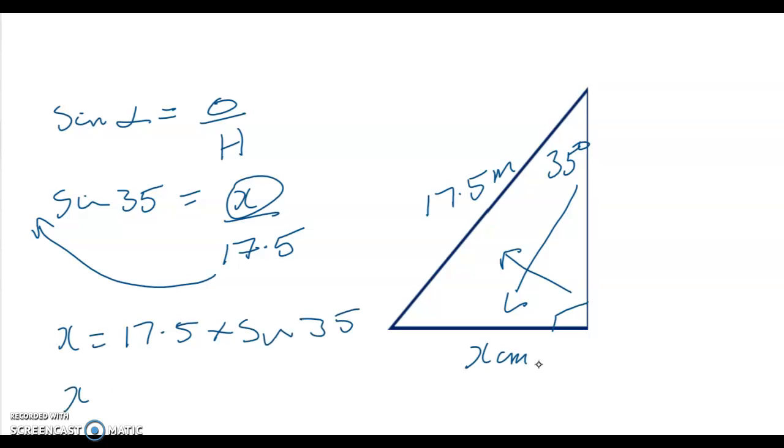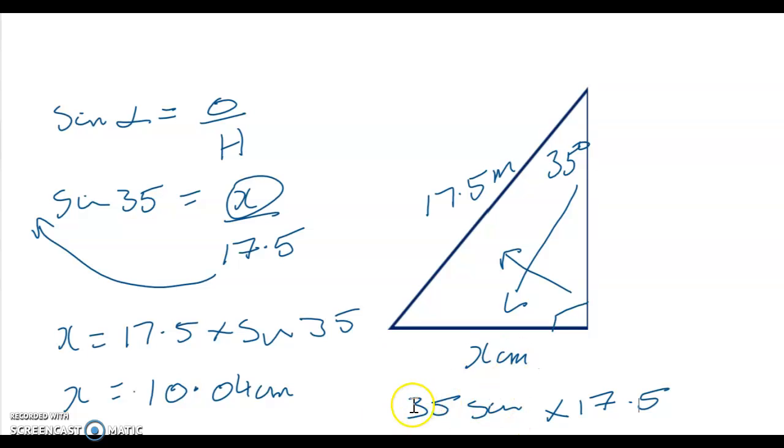So again, if you're using a calculator, 17.5 times sine of 35 is equal to 10.037, so we'll just leave it as 10.04 centimetres. Again, if you're using your phone, you're probably going to have to do 35, then press the sine button, and then times by 17.5, and you should get the same answer.